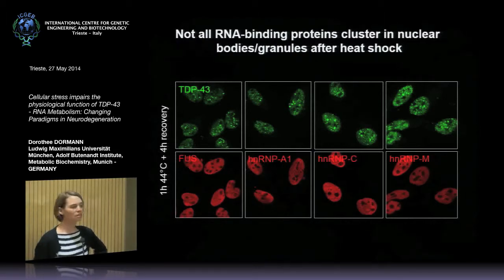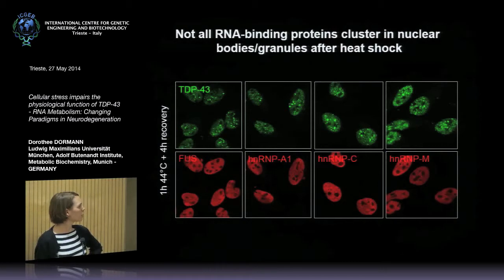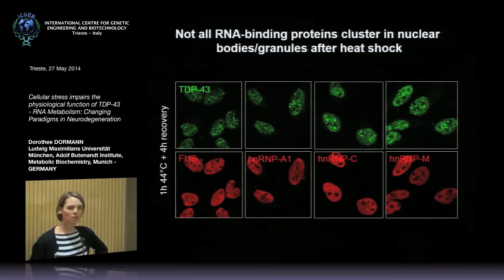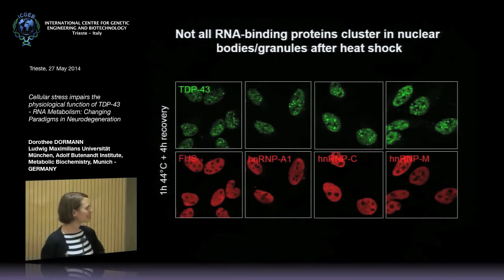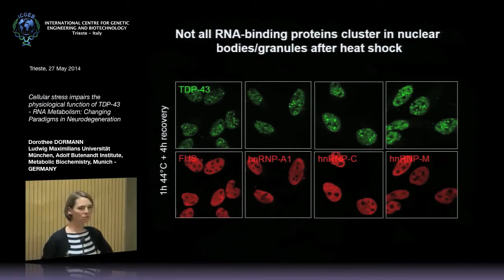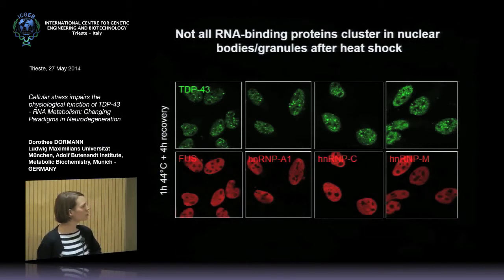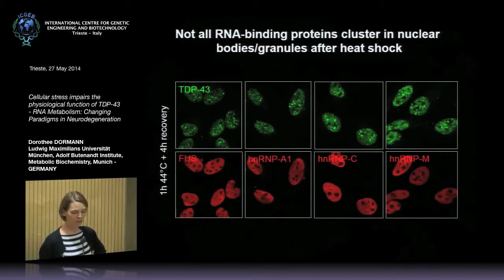These proteins at the 4-hour recovery time point and also at other time points that we checked remain mostly homogeneously distributed in contrast to TDP-43. So it does seem to be somewhat specific for TDP-43.